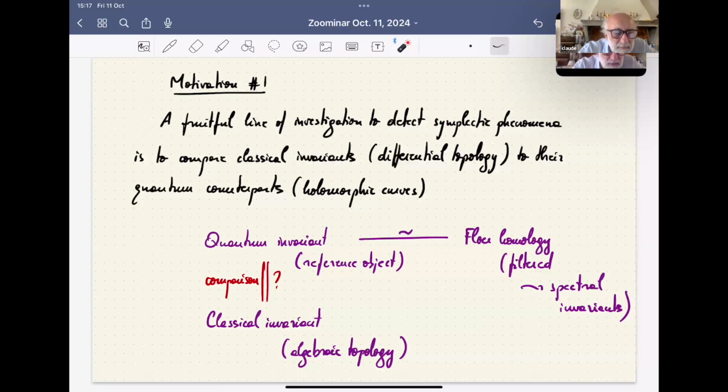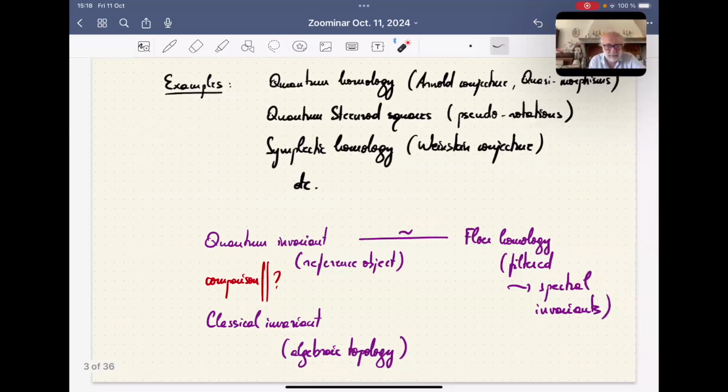So I was saying that we compare the quantum invariant with a classical invariant, but the quantum invariant has several incarnations, typically in the shape of Floer homology, which is filtered and gives rise to spectral invariants. So there are actually two comparisons on this side, but also on this side.